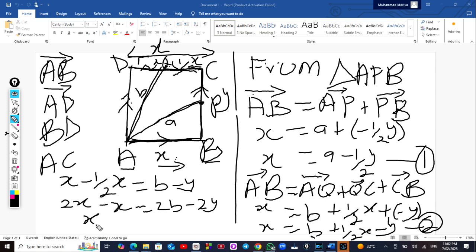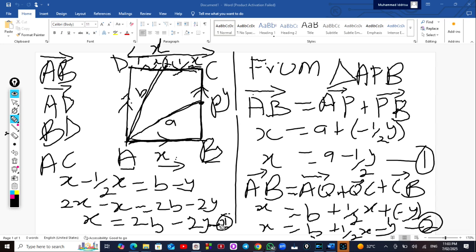So X is equal to 2B minus 2Y. This is our equation 2.